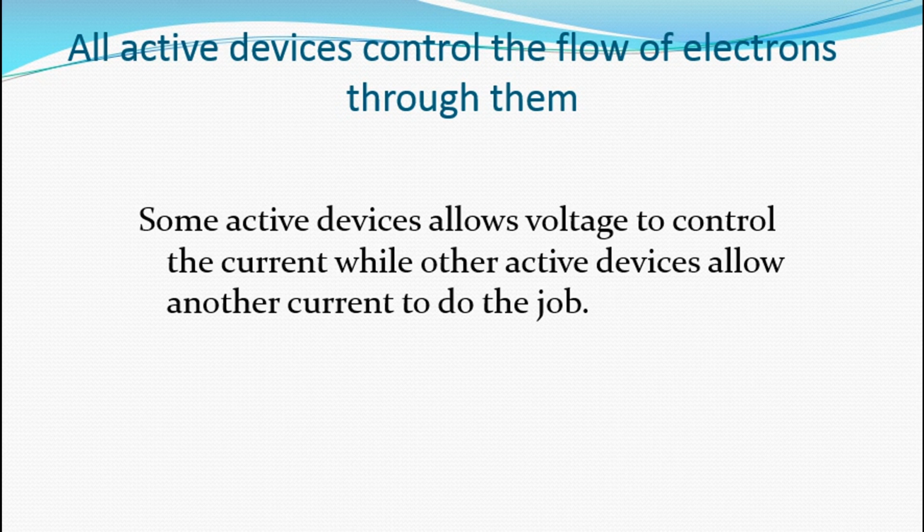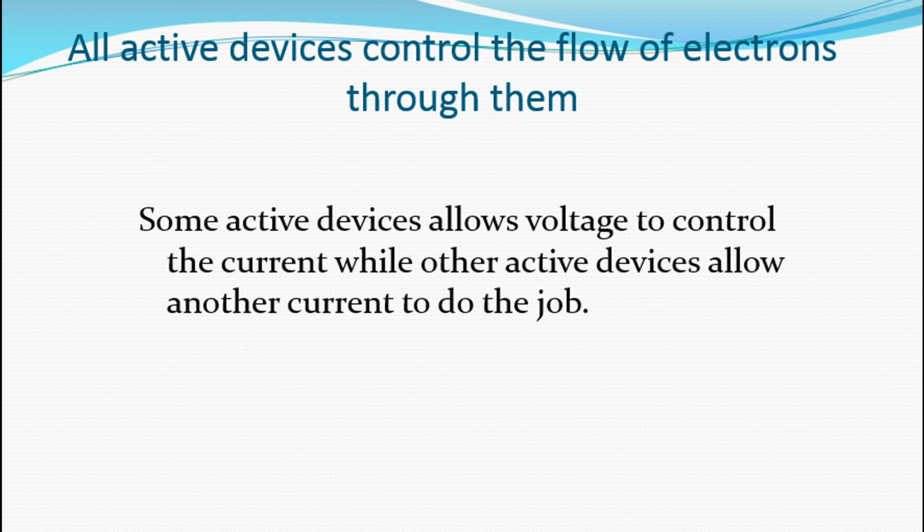All active devices control the flow of electrons through them. What do you understand? I say all active devices control the flow of electrons through them. Now, some active devices allow voltage to control the current, while other active devices allow another current to do the job.